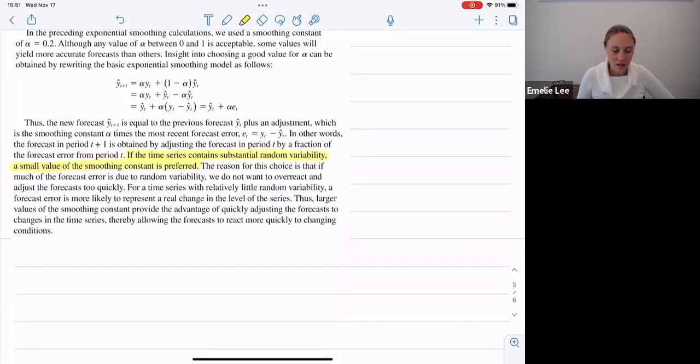And so for a time series with relatively little variability, a forecast error is more likely to represent a real change in the level of the series. And that's where we're going to see that change from, okay, maybe we're hanging out here steady, steady, steady, and then we see a change, and then we hang out again. Something like that.